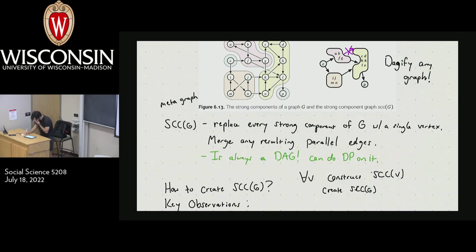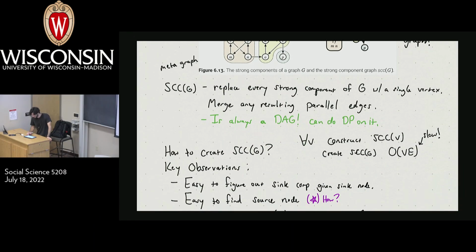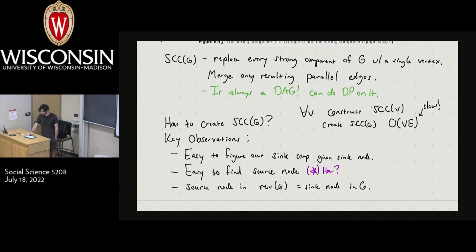But if we do this, it's going to be O of V times E, because for every node we're doing a search. And this is pretty slow. In the worst case, that's going to be like V cubed or N cubed, where N is the number of nodes. But I claim you can do this in linear time, very fast.